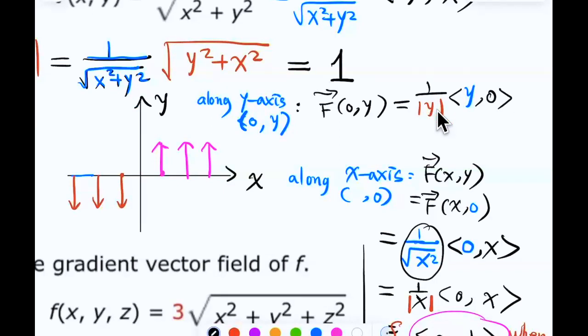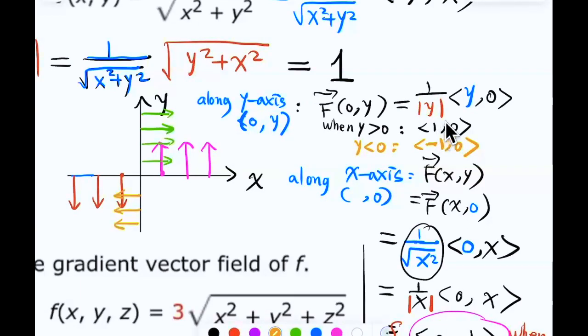Positive 1, right? So when y is greater than 0, this is going to be 1, 0. So the vector points to the right side, going this way. When y is negative, y less than 0, then you have negative 1, 0, right? They go this way, pointing to the left.